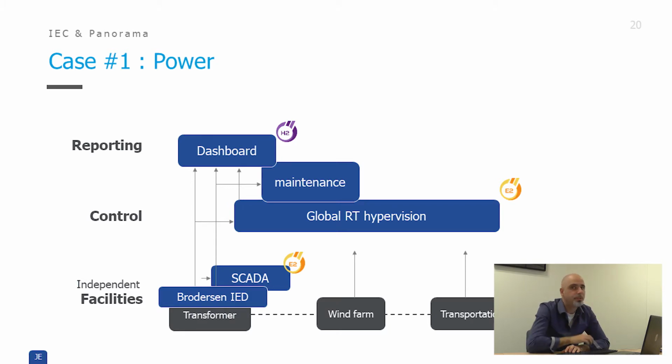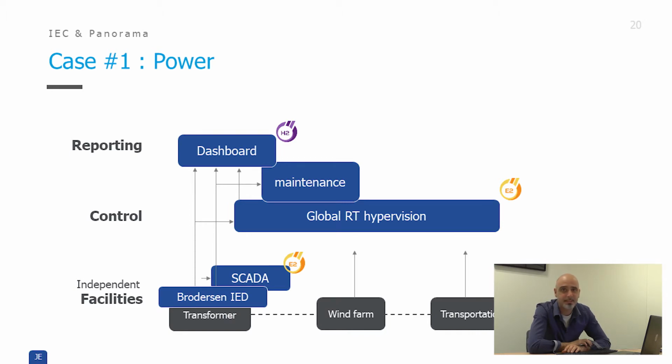And those are the traditional higher level features for any distributed installations. So we also provide the reporting part to handle the life cycle of the installations. All those interactions can be built for each level of the system, and 61850 helps for that.